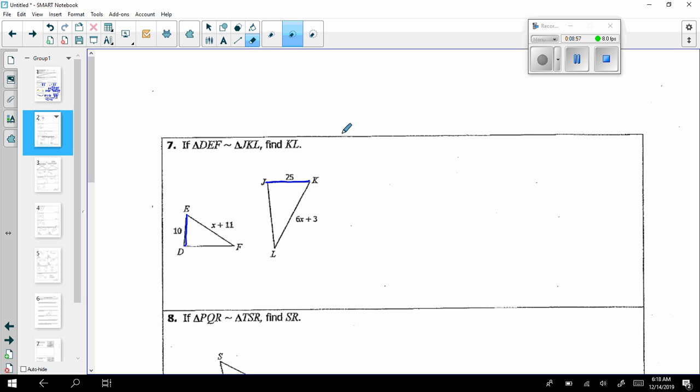So then I can come up with my scale factor, which is 10 over 25. I just reduce that fraction. That's 2/5. Right, so then I do 2 over 5 is equal to, okay, smaller numbers on top, so I use the smaller triangle, x plus 11 divided by 6x plus 3.